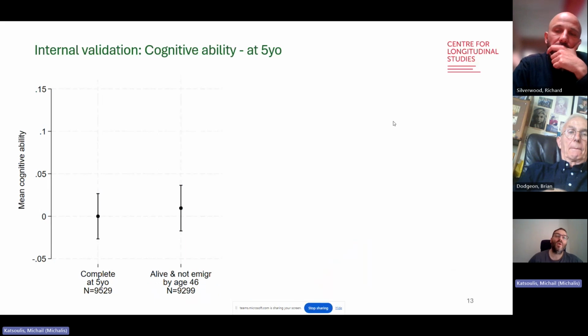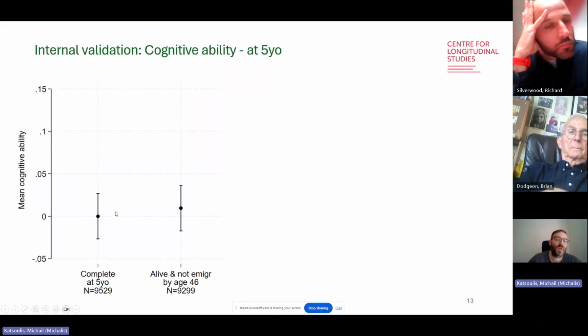But we went on, and we presented this approach also for another variable from the second sweep at age 5. This was mean cognitive ability, which was close to 0 also among those individuals who remained alive and did not immigrate by age 47.